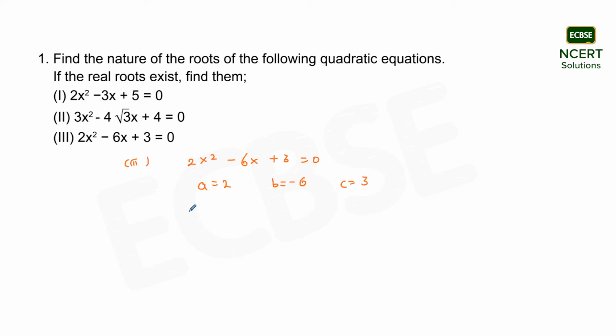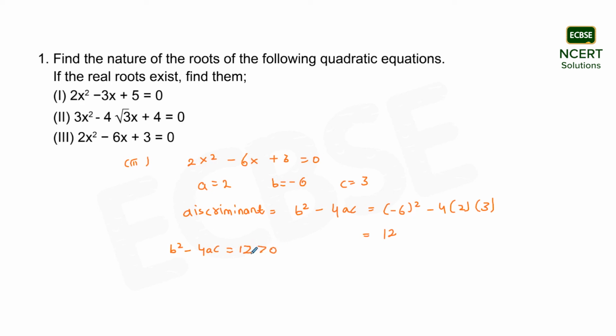So if we find the discriminant of this quadratic equation, that is b square minus 4ac, it will be equal to (minus 6) square minus 4 into 2 into 3, which will be equal to 12.